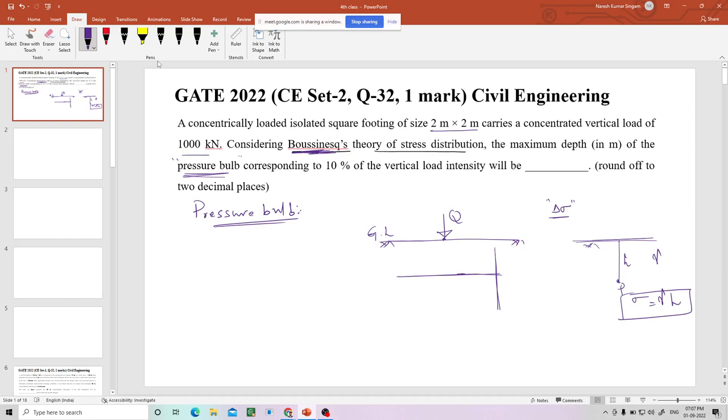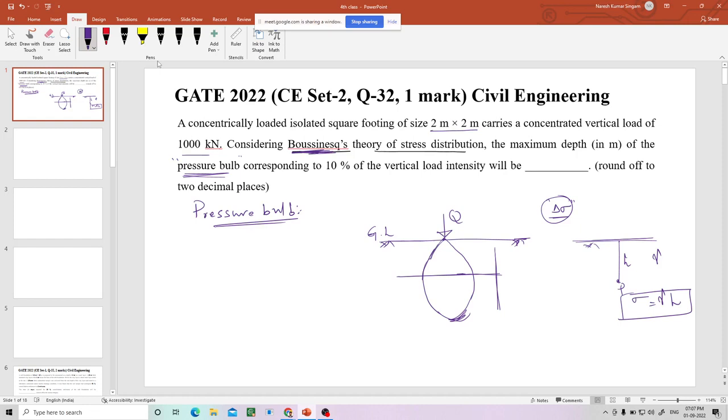So due to this Q applied on the ground level, I am taking a particular area, or particular volume of the soil below the ground level, in which the increase of the stress will be reasonable.